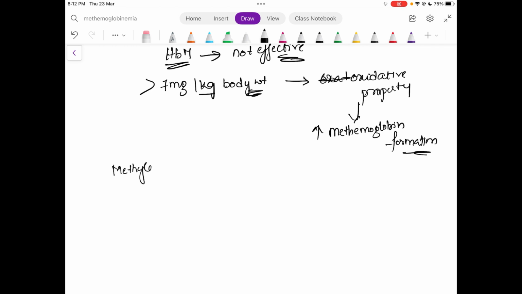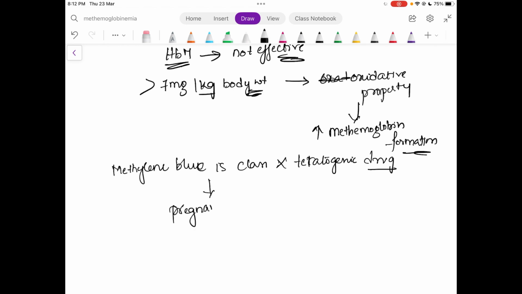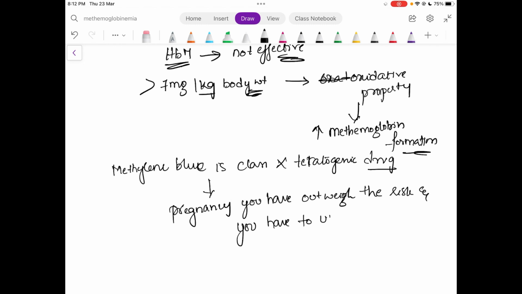And this methylene blue is a class C teratogenic drug. In pregnancy, you have to outweigh the risk and then use it.